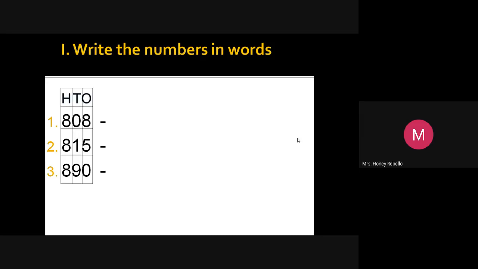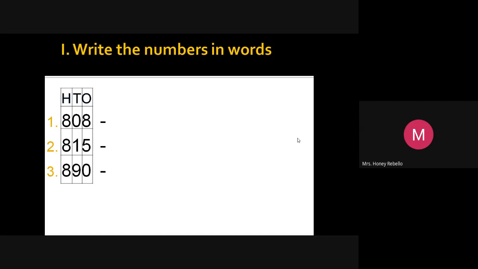Leave one square just below that. First column, as it is shown over here, write H. Second column, T. All this should be in capital letters.